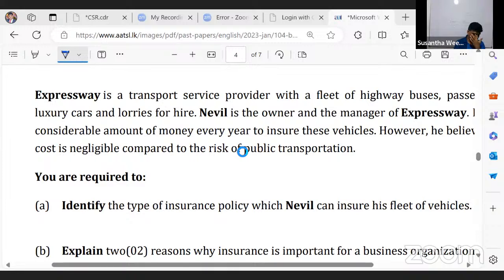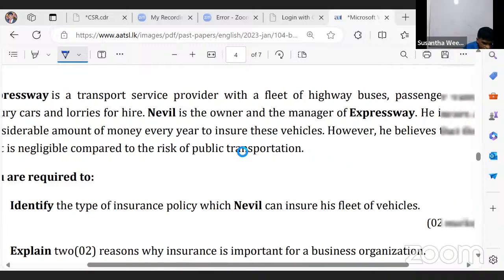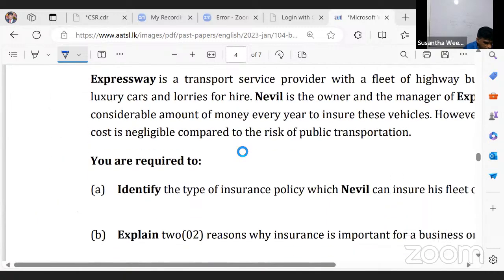Commonly the fleet of vehicles under motor vehicle insurance, that is for accidents, right? And natural disasters, fire, theft. There are many insurance policies that Neville can use to insure his vehicles. You have to list them down.